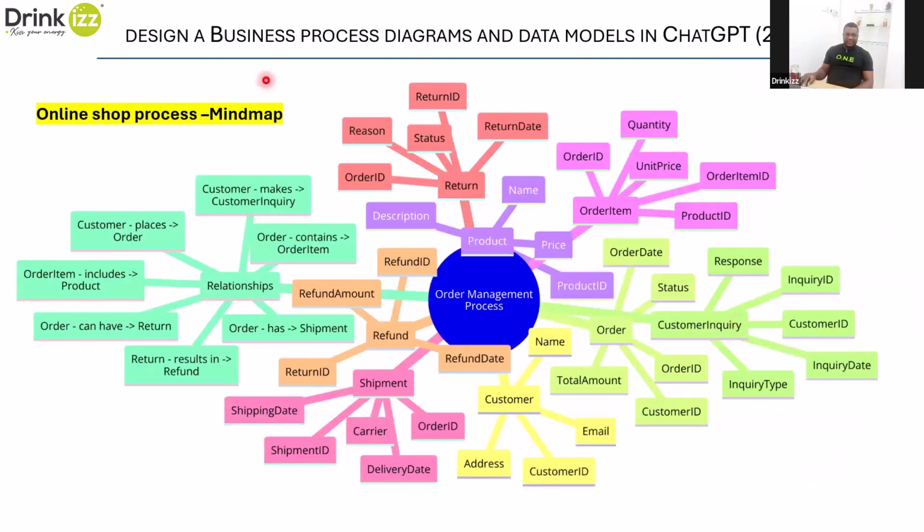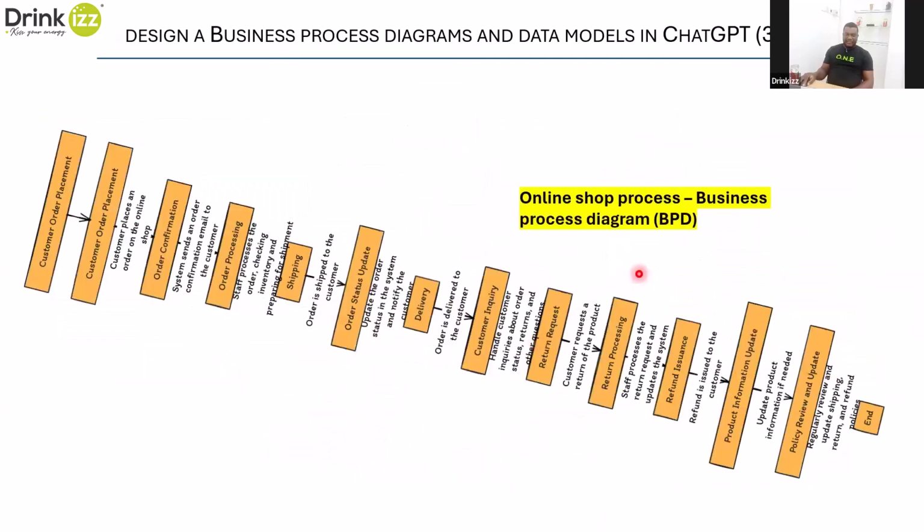So from the online shop process, we can have the mind map. This mind map comes from our online shop process. And here we have the business process diagram. This business process diagram is based on our knowledge, which is the process that AI just provided us.